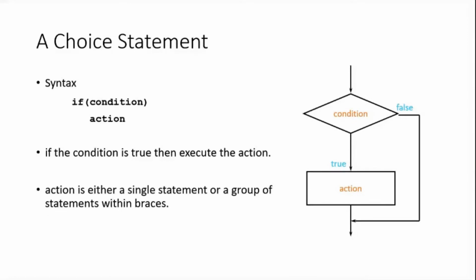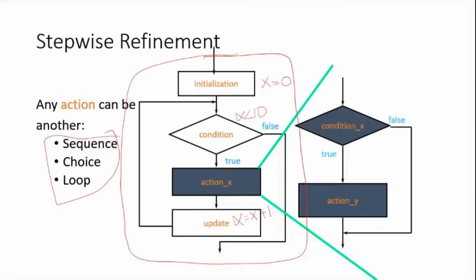Then a choice statement. We have already seen a choice statement, that is a condition, whether x is greater than or less than 10. In the previous case, we saw this condition: x is less than 10. That is a condition checking whether x is less than 10 or not. If it is true, then some specific action is to be done.